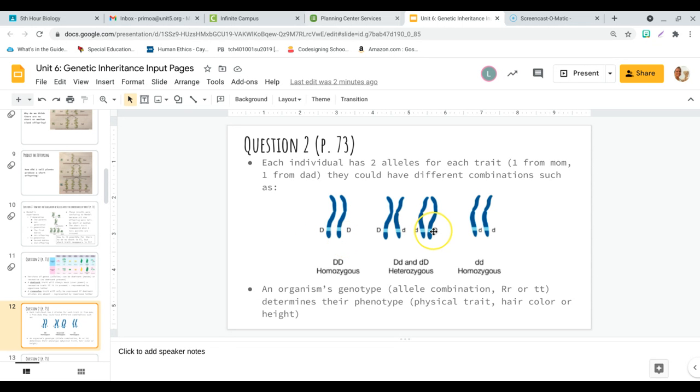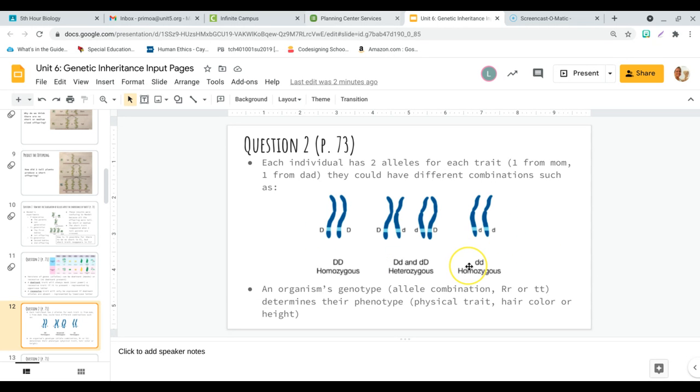Now I come here, and this still is going to be the dominant trait, so no dimples, but it's heterozygous. And what I want you to do is compare homozygous versus heterozygous. In heterozygous, you have a capital D and a lowercase d. In homozygous dominant, you have a capital D, capital D.